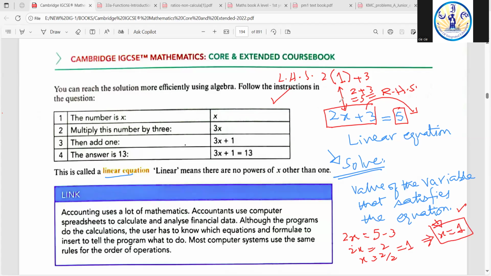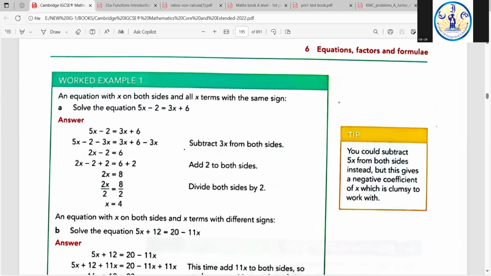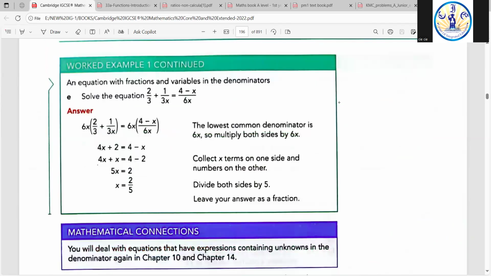Then we proceed further. There are some rules of solving equations.